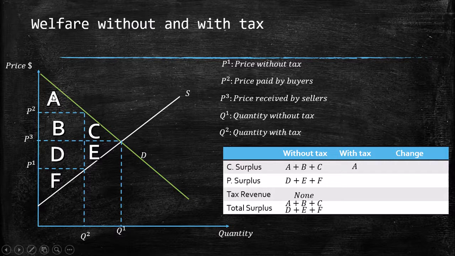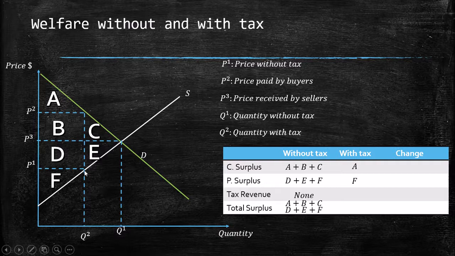So the consumer surplus now with tax is going to be A. Now, what about the producer surplus? It's going to be F. Why? P2 is the price charged to the consumers. It would be nice if producers received P2, but no, they receive less, because part of this income is going to be given to the government. They are just going to receive P1, because remember, P2 minus P1 is the size of the tax.